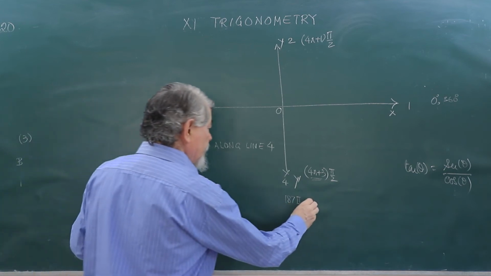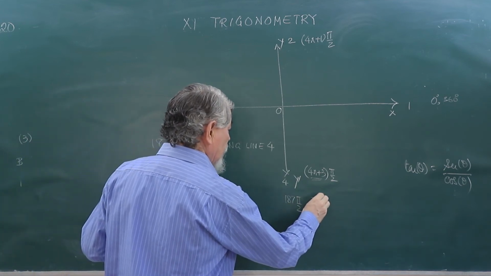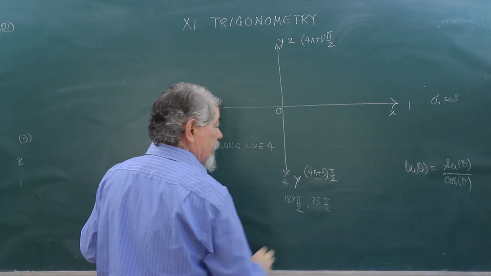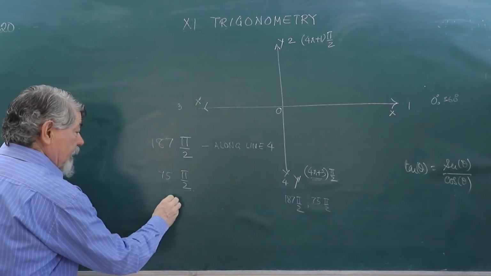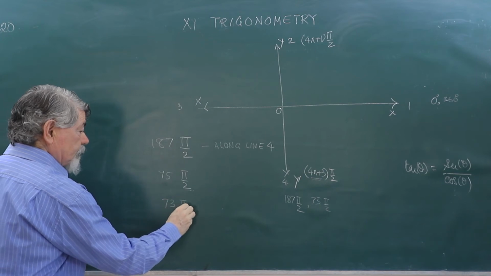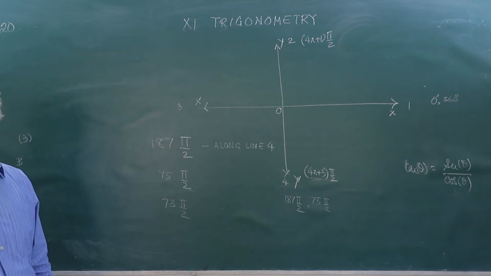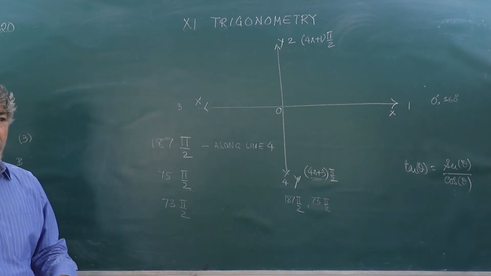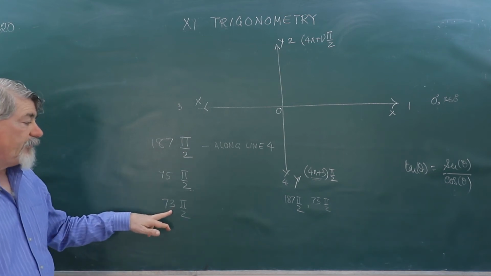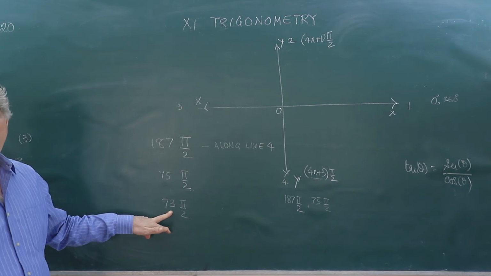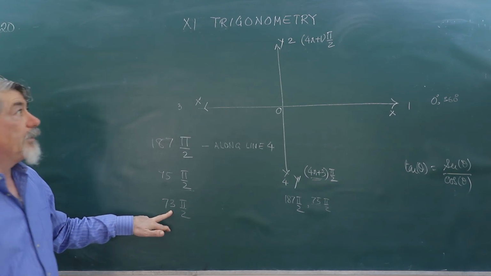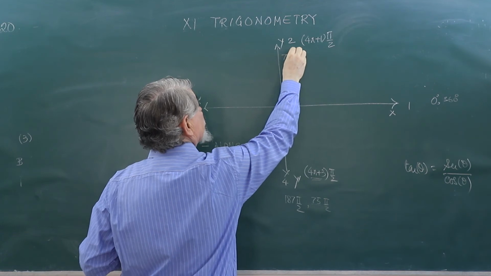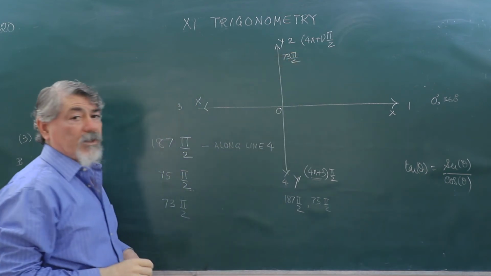So again, 75 pi by 2 will also come along line 4. But suppose it is 73 pi by 2, an odd multiple of pi by 2. Again I divide it by 4 and I get the remainder 1. So 73 pi by 2 will fall along line 2.